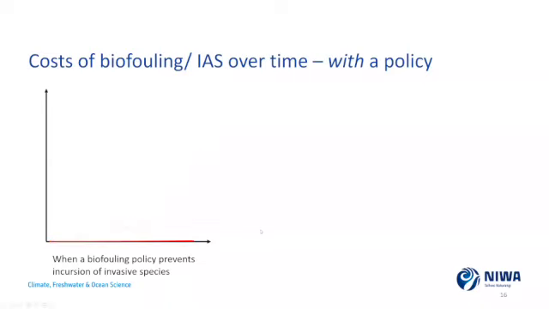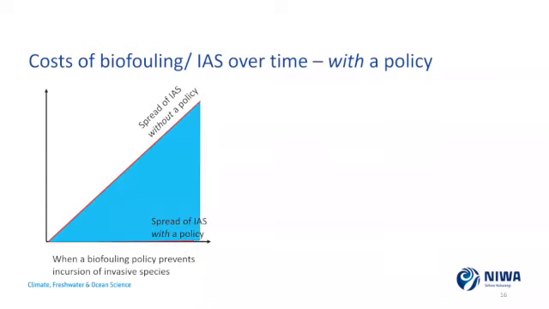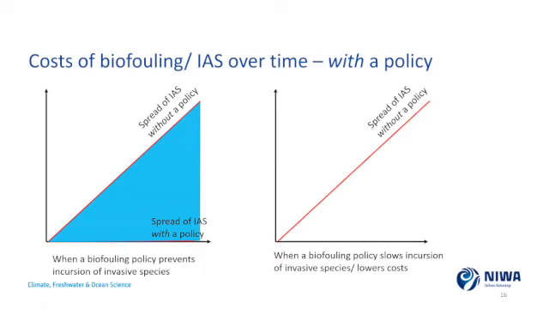And in an absolutely perfect world, we'd actually have no invasive species at all, for instance. So our savings are the costs avoided. In practice, it may be that our policy or our strategy doesn't completely remove all costs, but it certainly lowers them. And we're looking to then value these savings.